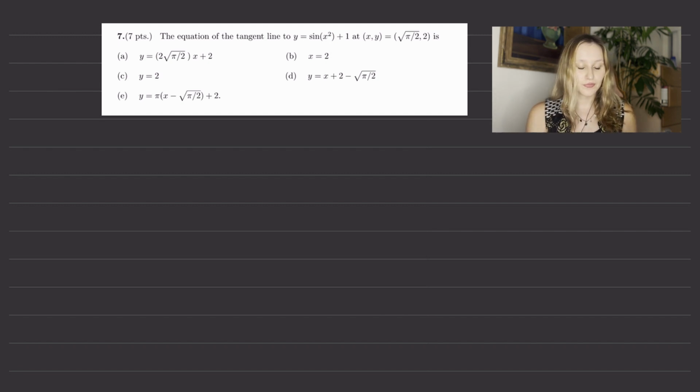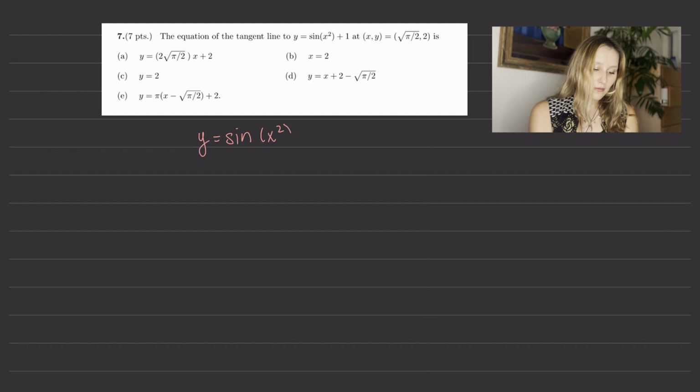So let's do it. We have y equals sine of x squared plus 1. We're going to take the derivative of that. That is the function. So let's do it.